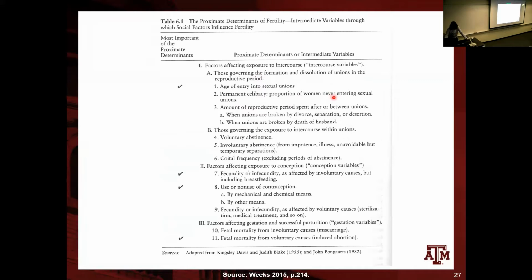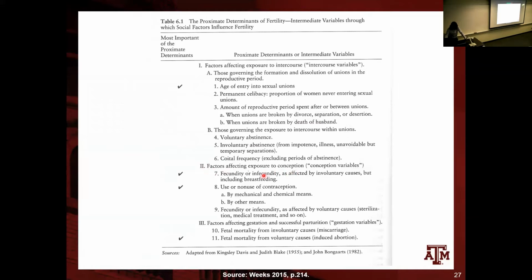What's the proportion of women never entering sexual unions? Amount of reproductive period spent between unions, when unions are broken by divorce, separation, or when unions are broken by death of husband. What's the chance of voluntary abstinence in a specific population, involuntary abstinence, and sexual frequency, right?